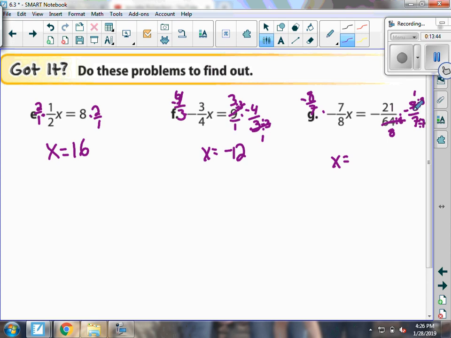My 7 can be divided by 7, and my 21 can be divided by 7, so that becomes a 1. 21 divided by 7 is 3. And these are both negatives. A negative times a negative is a positive, so those cancel out too. So I have 3 times 1, which is 3, over 8 times 1, which is 8. So I have x is equal to 3/8. There's my final answer for that one.